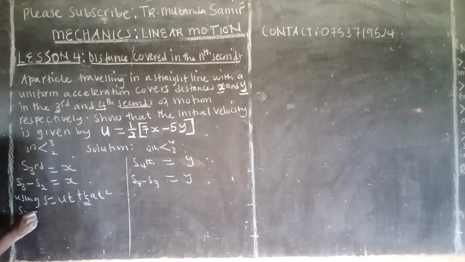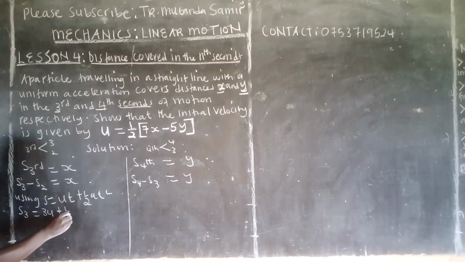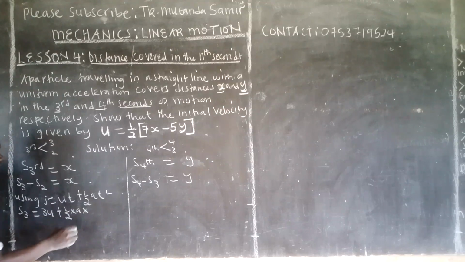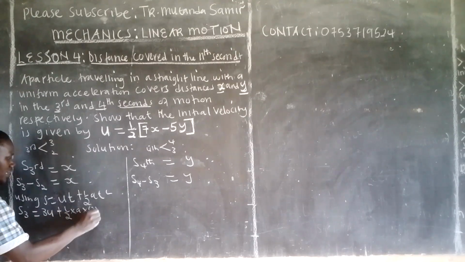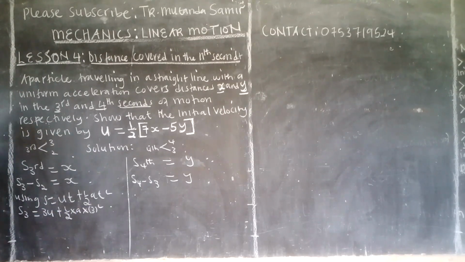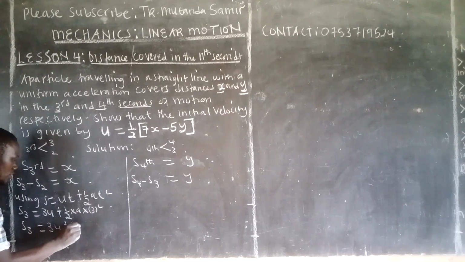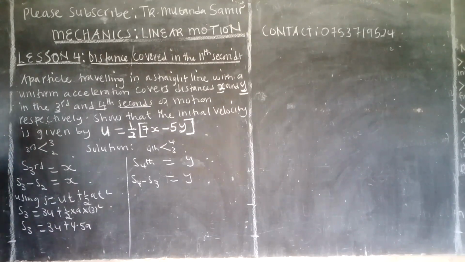So s at 3 will be equal to 3u plus a half times a times 3 squared. Now, what will be our s at 3? It will be 3u plus 3 squared is 9, divided by 2 will be 4.5, so 4.5a. That is s at 3.